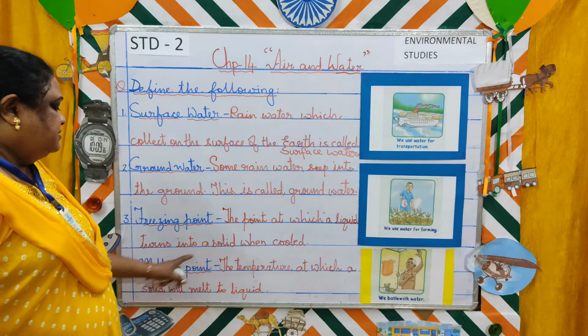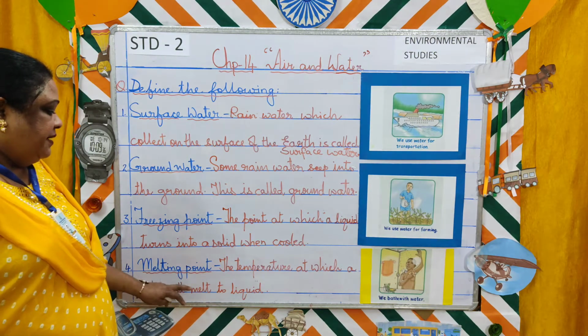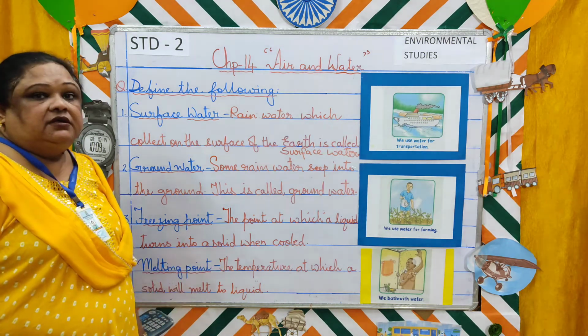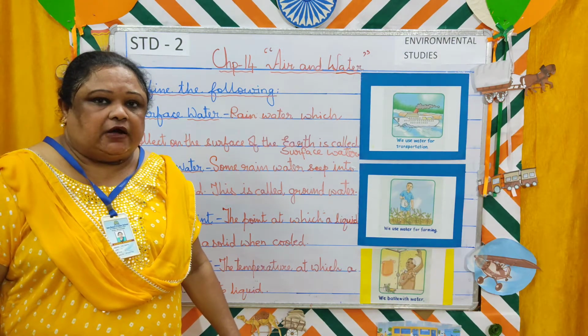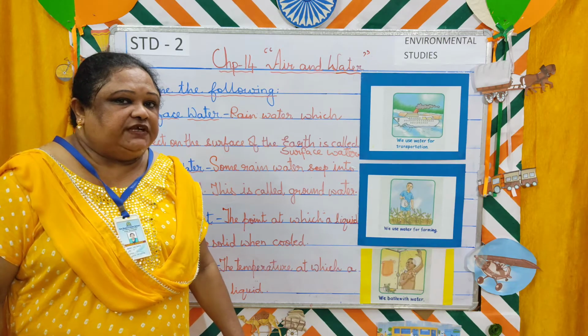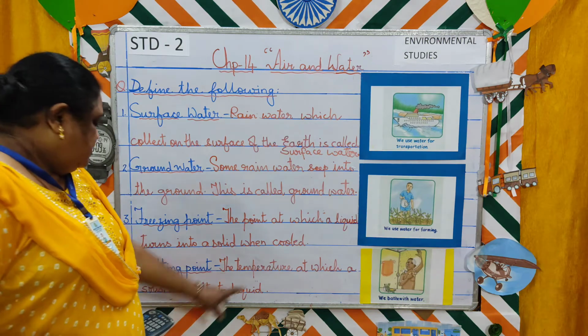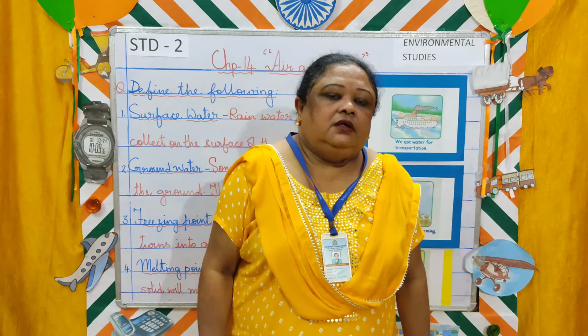When a liquid turns into a solid. And the last one, melting point. The temperature at which a solid will melt to liquid. When we take ice out of a fridge and keep it out for a long time, it changes into water, explaining a solid turning into liquid.